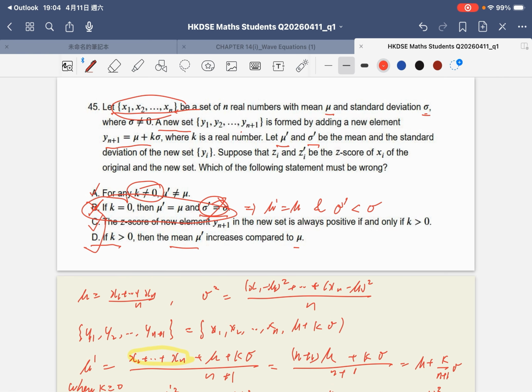They are under some transformation, and then you can see what is the change of mean and change of standard deviation or variance. Guys, girls, you have to take care to handle this question, because two days later this will appear in your DSE exam, paper 2, the last question.